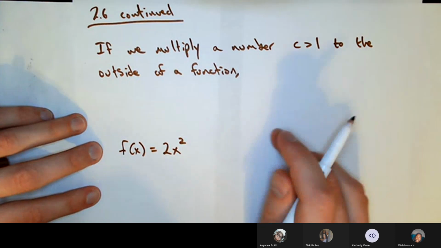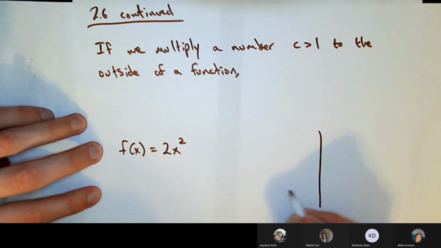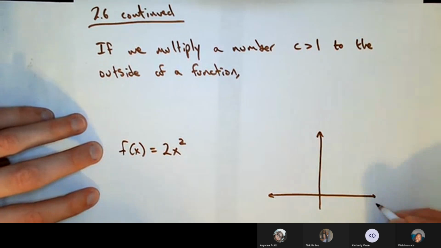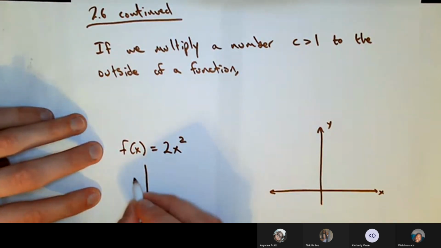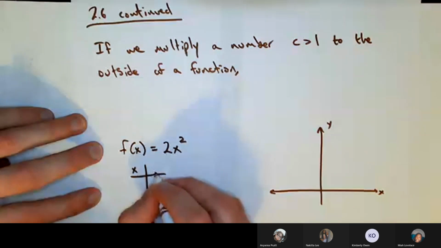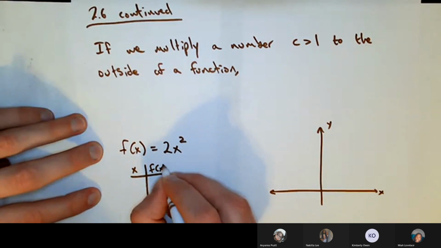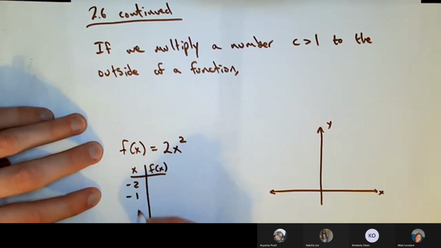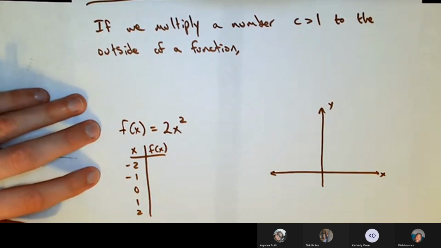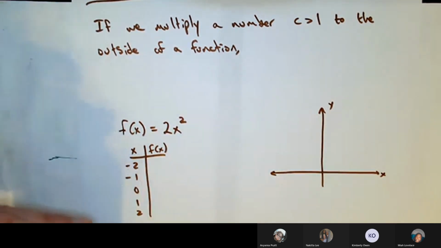Then what happens, so I'm still not finishing the statement. I want to look at what happens to the graph. If I make a real quick table of values, just -2 through 2, the traditional range, I'll quickly compute these.